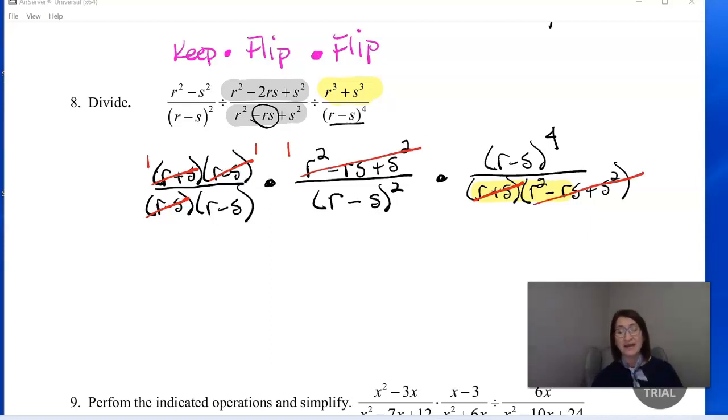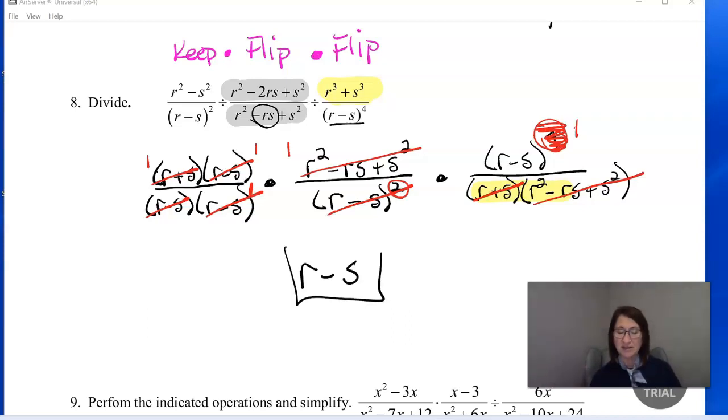Now I have in my denominator 1 plus 2 more r minus s's. So I have 3 in the denominator and I have 4 in the numerator. So the denominator all cancels, and that r minus s goes to an exponent of 1. So this whole thing is just r minus s.